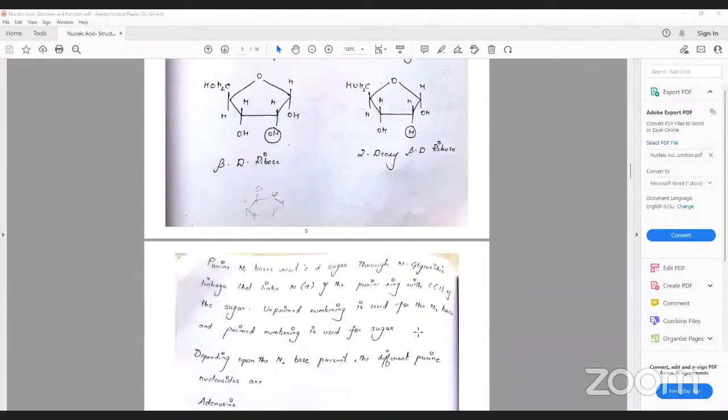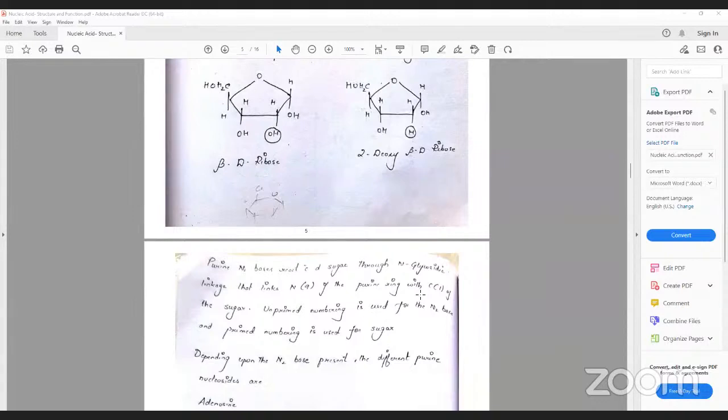Now, how are these nitrogen bases linked to the sugar? It is always through the N-glycosidic linkage. When we studied disaccharides, there also it was a glycosidic linkage, but it was an O-glycosidic linkage, because two monosaccharides were linked together by a single oxygen atom.